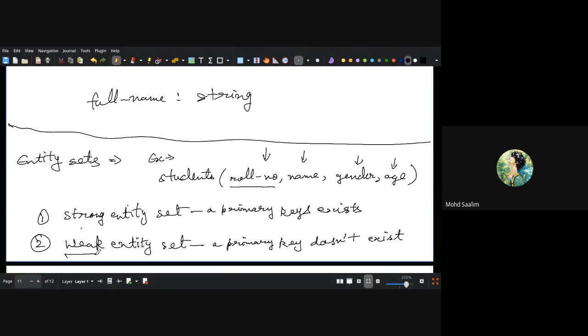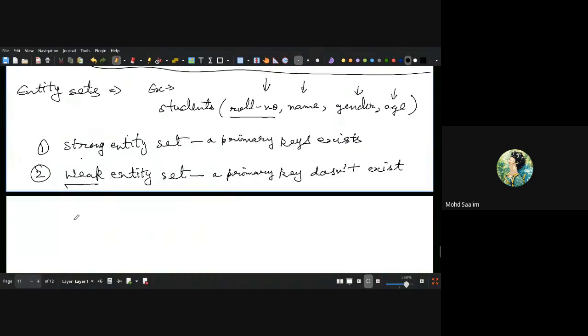That's why it is a primary key, right? But there are some situations where your entity set is created in such a way that you are unable to find a primary key for it. Okay, you tried by combining different attributes in your entity set, but still there are some duplicates. So one example of weak entity set would look something like this.